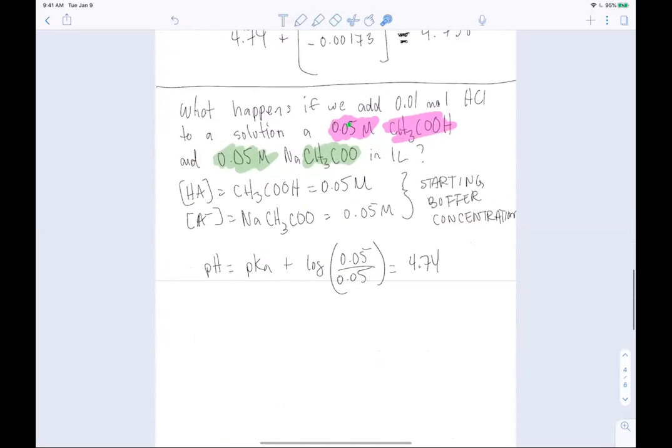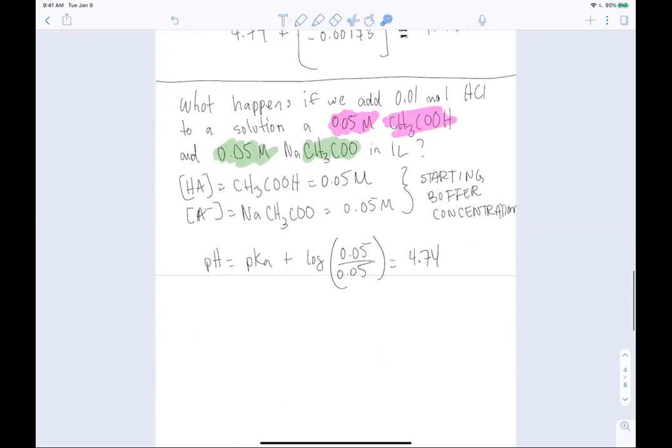Down here, we've changed this so the relative concentrations stay the same, but we've decreased the absolute concentration. So before we had 5 molar, but now we have 0.05 molar.